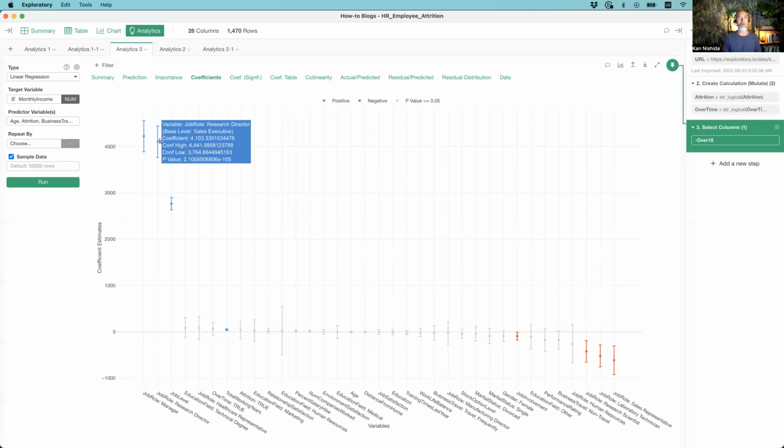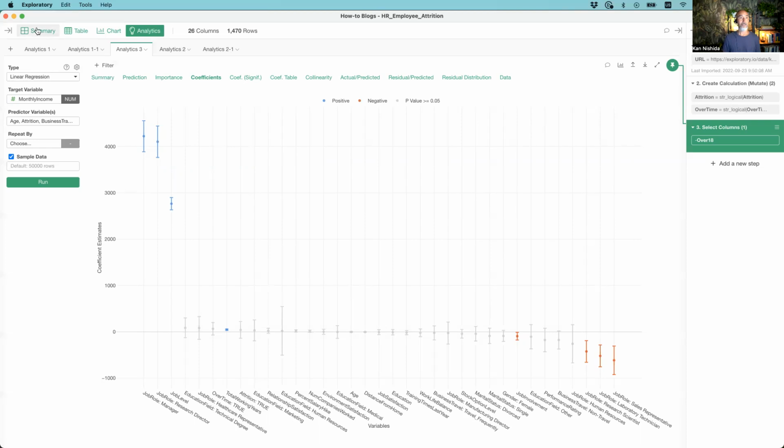For example, in this case, job role research director. And then the second row says base level, sales executive. It's kind of interesting. In the categorical variable case, only one value is the base, the most frequent value. In this case, it happens to be sales executive.